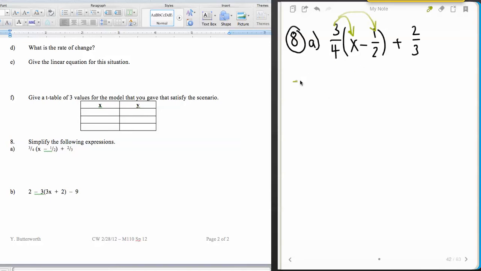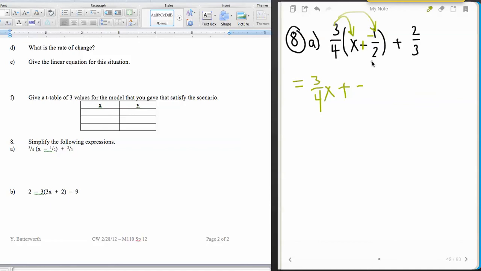So 3/4 times x, that's going to use the distributive property, and then we're multiplying, which is associating. So we have 3/4 x, and then plus, and we could change this to plus or minus here, so we have a positive times a negative, which is a negative, and then we're going to multiply.